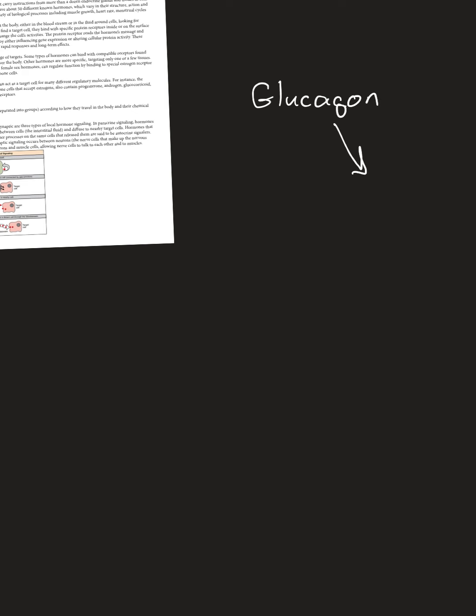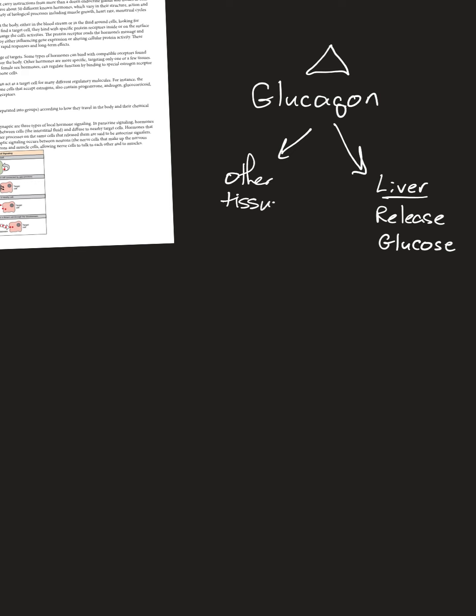In the liver, it's the same molecule, right? It's the same molecule released by the alpha cells in the pancreas. The glucagon in the liver tells it to release sugar, glucose, right? In other tissue, it starts to change.